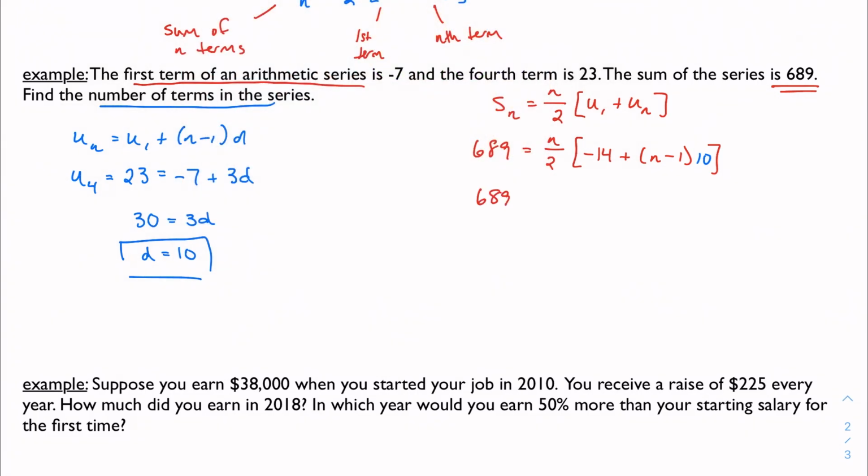So let's cooperate here. Let's work with this. 10n minus 10. So I get -24 plus 10n. Let's multiply everything. Sometimes I like to multiply everything by 2 and just get rid of that fraction, but here I think it's going to make things a little bit worse.